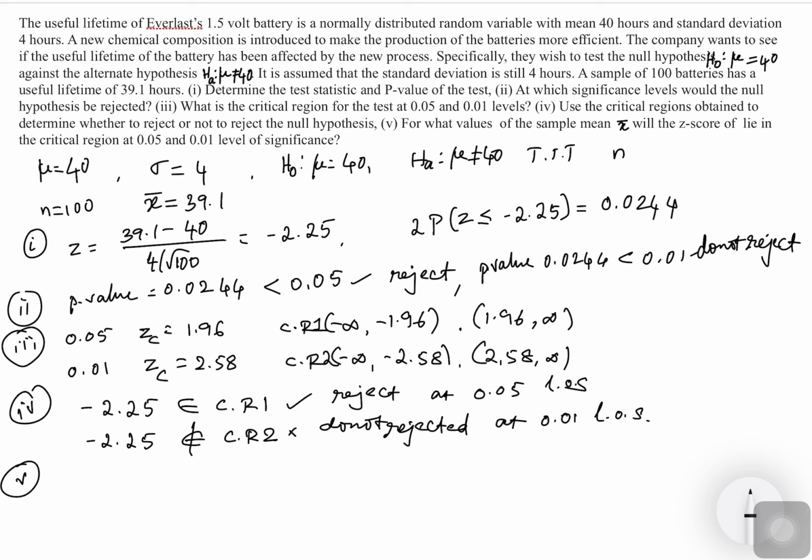Okay, next, the fifth question: for what value of the sample mean x bar will the z score of x bar lie in the critical region at 0.05 and 0.01 level of significance?